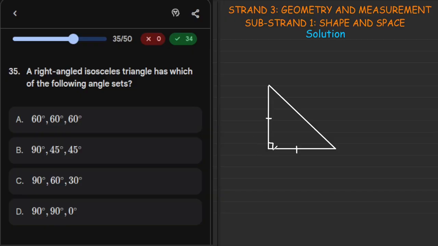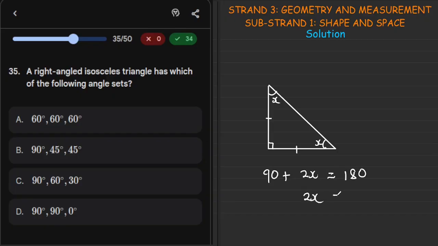So if this is 90 degrees, then the angle here is the same as the angle here. If they are the same, we also know that if we add them all together with our 90, we have to get 180 degrees. So we have 90 plus this x plus this x giving us 2x, which gives us 180.